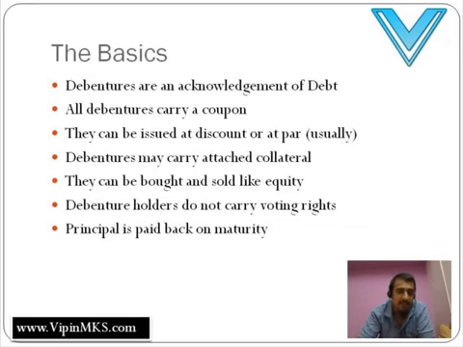It gives investors the feeling that in case the company is unable to repay my investment, they can sell the property and use the money to repay me. When you have collateral attached, it gives you the confidence to invest in that company. In my opinion, I always invest in debentures which have collateral attached.